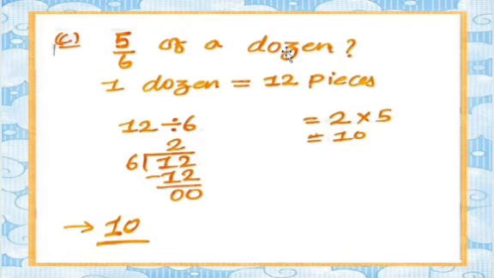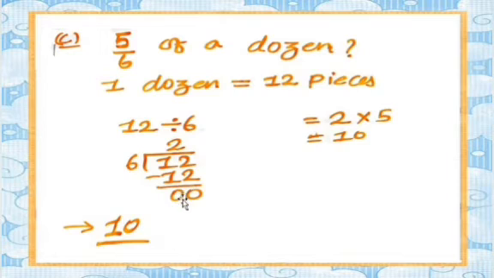So 5 upon 6 of a dozen. 1 dozen is equal to 12 pieces. 12 divided by 6, understood? So in table number 6, 12 will come. Where? 6 2s are 12.